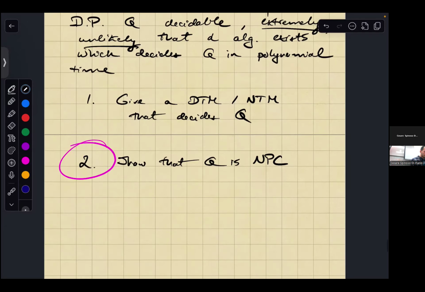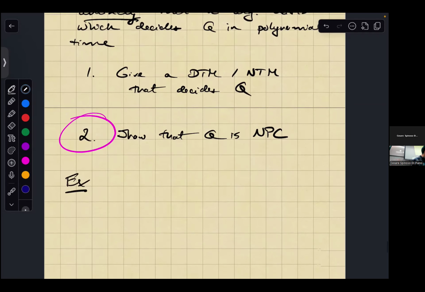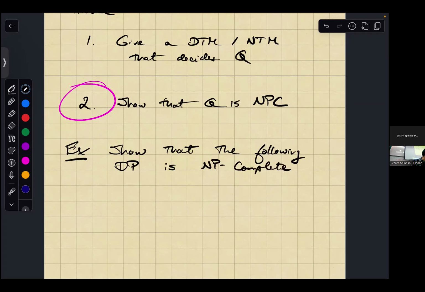Okay, so with that being said, let's try to do an exercise. The instruction will be to show that the following decision problem is NP complete. And the decision problem, you might have seen it already if you're taking 360, is the independent set problem, which I will abbreviate as the IS problem.